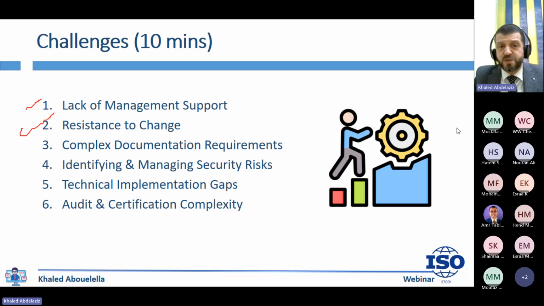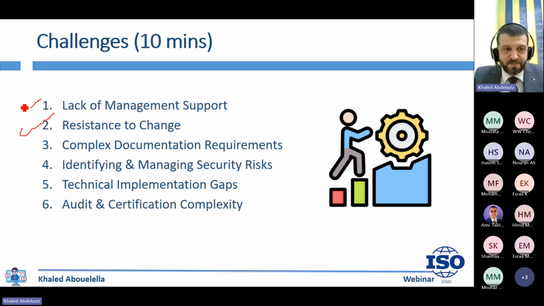Resistance to change. Sometimes employees may resist new security policies. Why? Because it disrupts the existing workflow. It may take the employees out of their comfort zone. So to overcome this challenge, you need to provide awareness to these employees to understand why information security matters in the organization. And you need to make information security part of the daily operation.